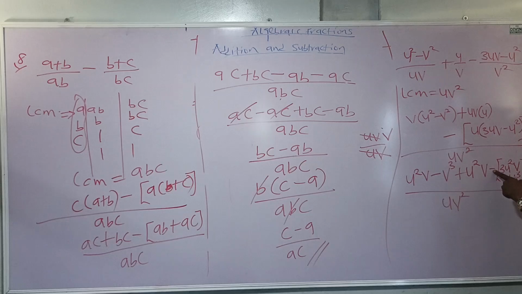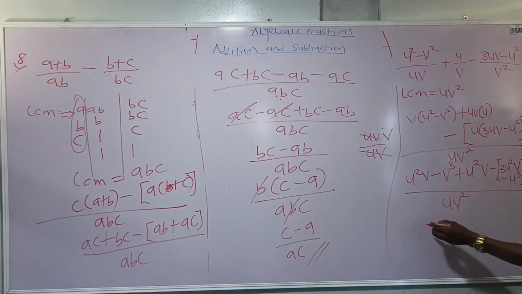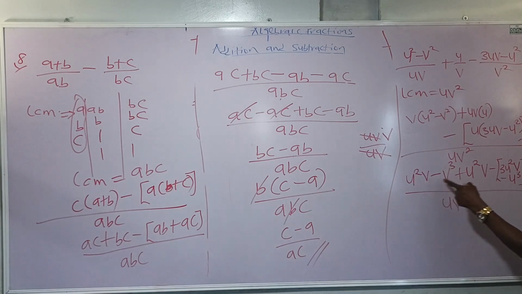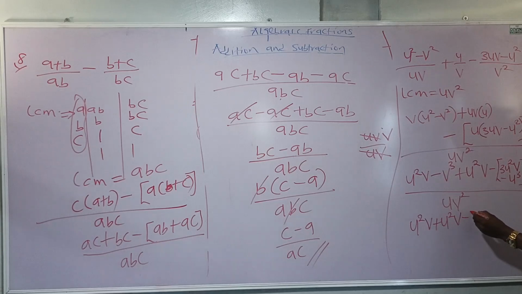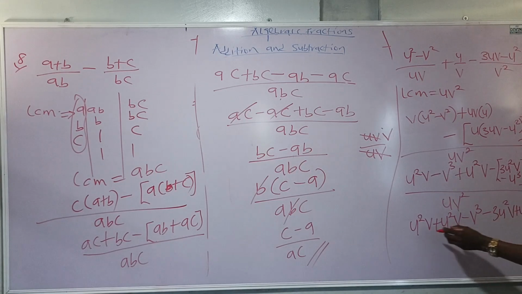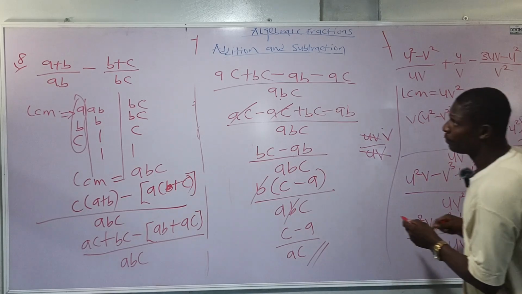Now opening these brackets again, I can rearrange this and this because they are common. I can put my u square v plus u square v minus v cube. Minus and invisible plus minus, I have 3u square v. And minus is what? Plus, I have u cube all over uv square.